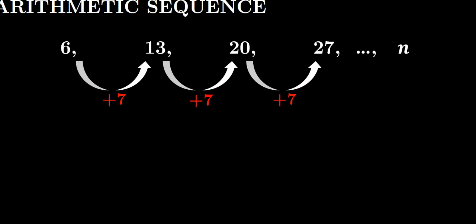When a sequence looks like this, where we add a constant value to the previous term, as you can see, we add 7, we add 7, then we add 7, these sequences are called arithmetic sequences.